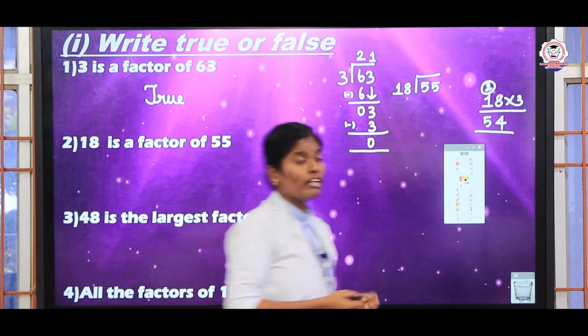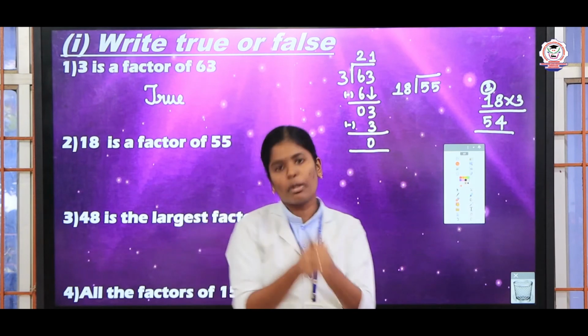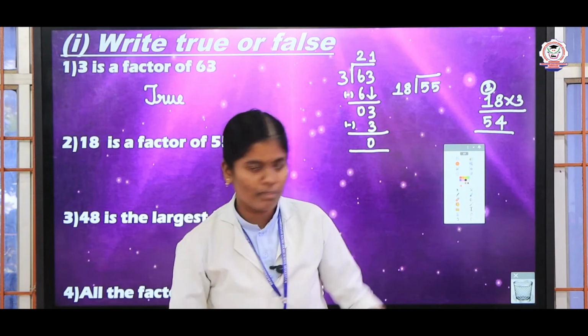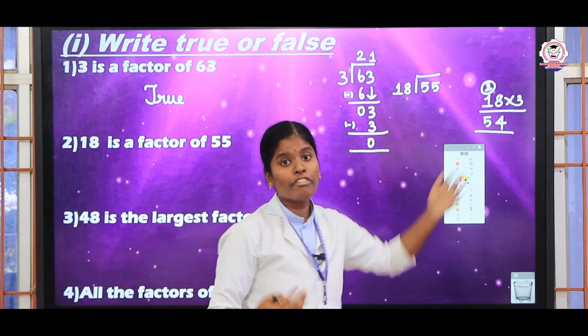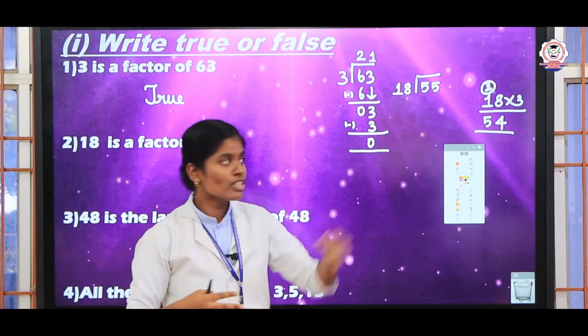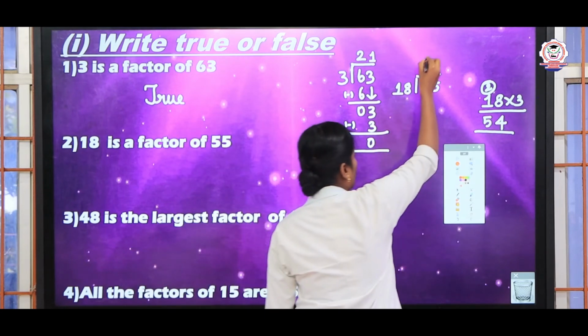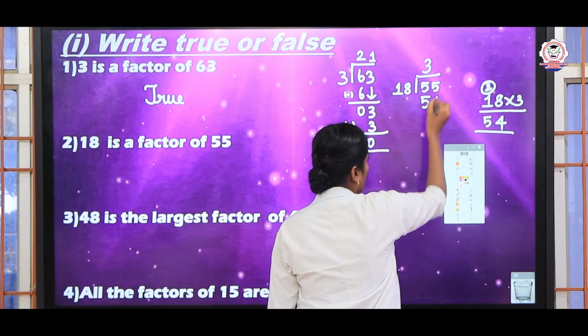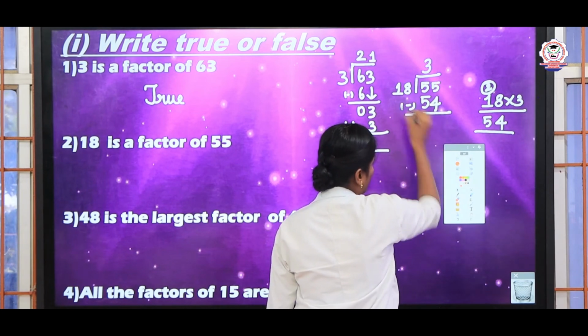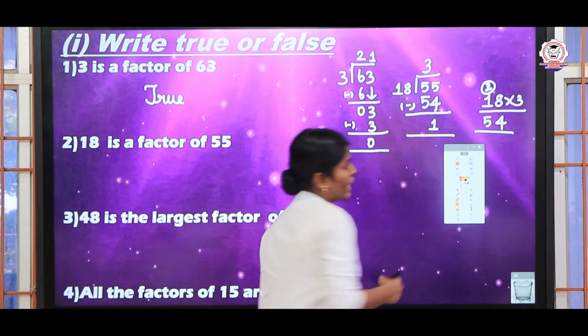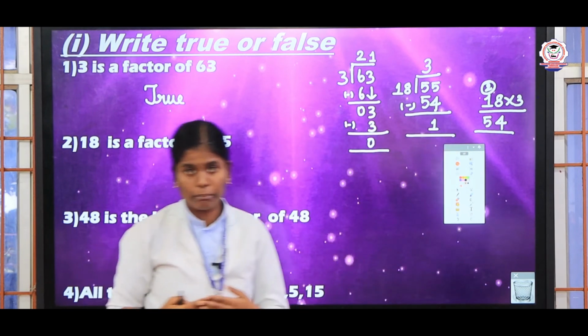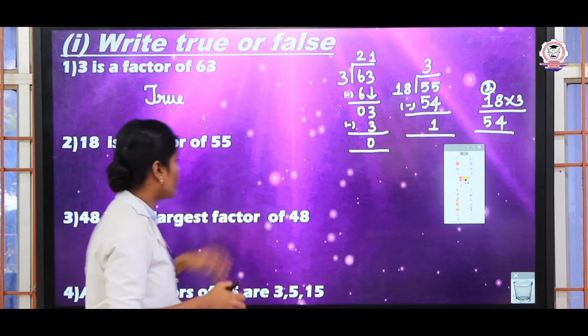Now 55 in the 18 table is not possible, because in the 18 table we have 54, 55 is not there. So take 3 18s are 54. Now subtract this. The answer will be 1. As the remainder we got a non-zero number, so you will write the answer false.